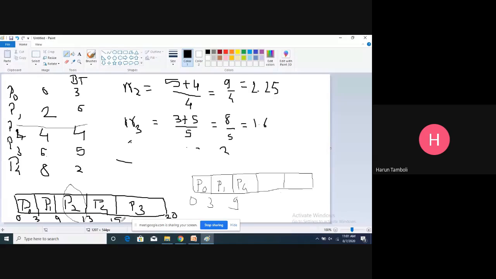But here in the HRRN, clearly you can see along with the burst time, if you apply the waiting time, then you may get a different order of execution.